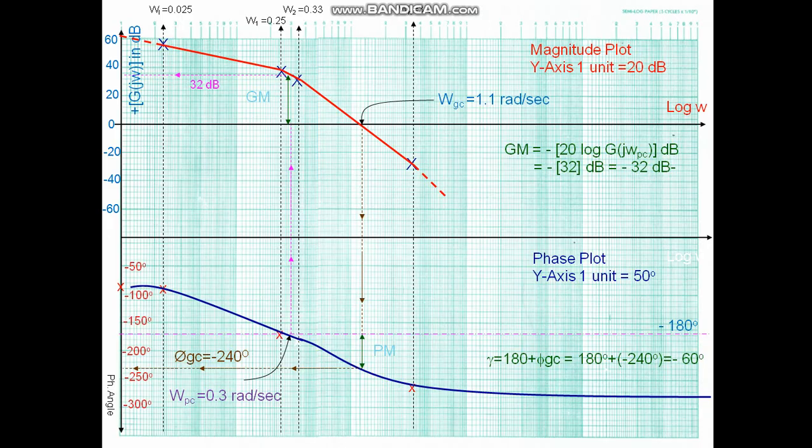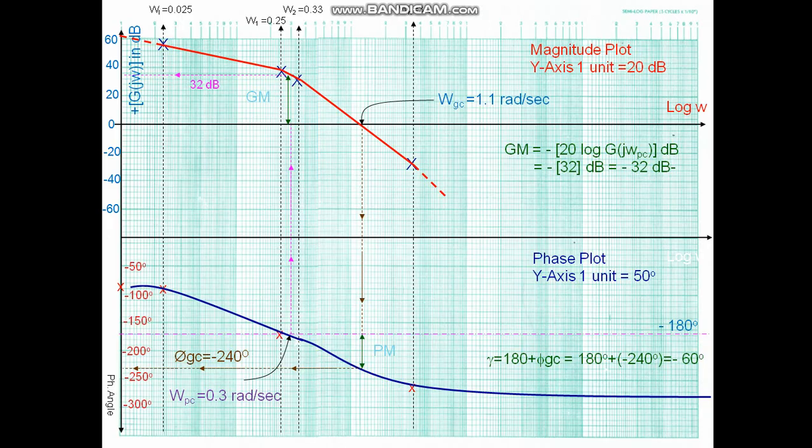So we have to draw the magnitude plot using the red color, and next we have to draw the phase plot. The phase plot is drawn between the phase value and the omega value.